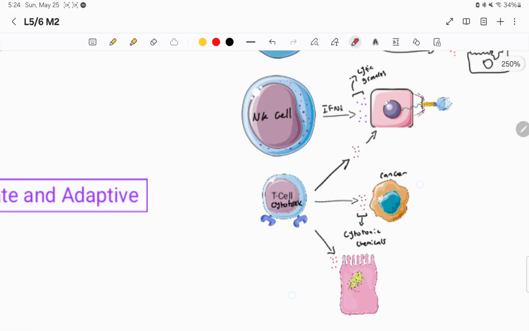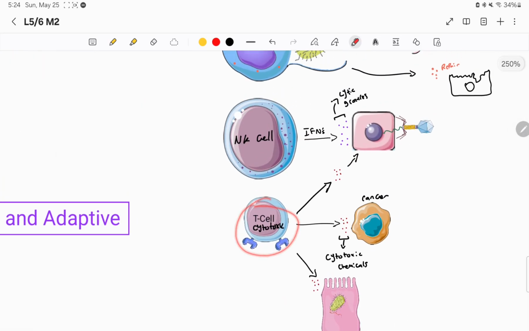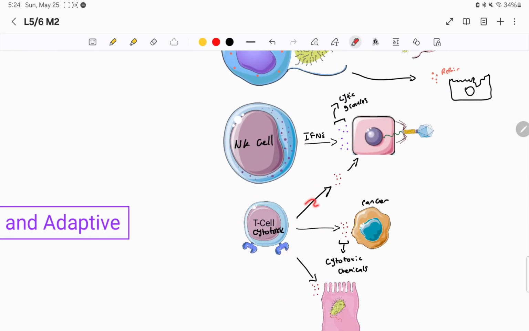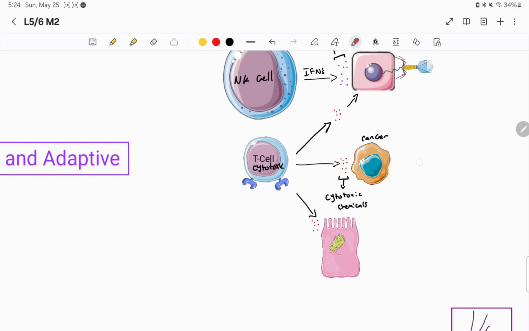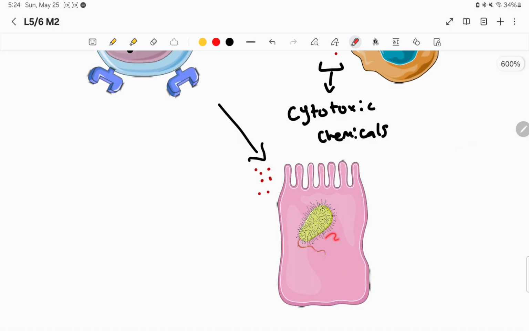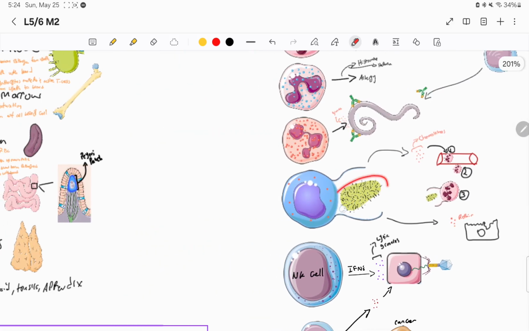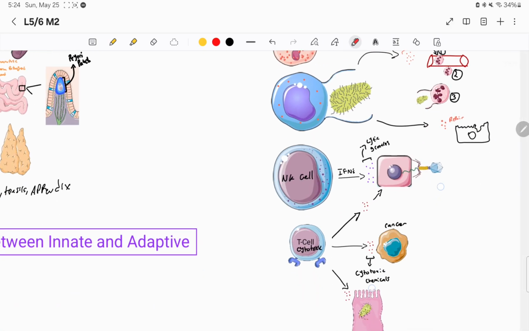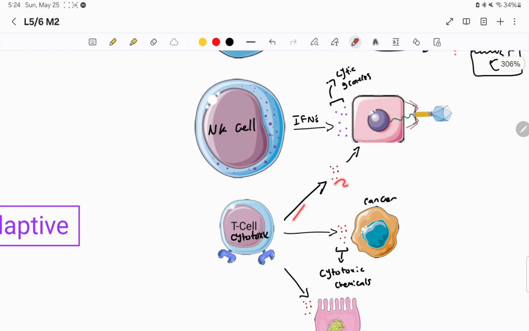But after they become activated and become a cytotoxic T cell, they can pretty much do anything. They can go and kill cancer cells by releasing cytotoxic chemicals. They can go and kill cells that are infected by an intracellular bacteria. Remember how I said they can be intracellular or extracellular? Well, there you go. They can also go and kill virus-infected cells by releasing those same cytotoxic chemicals.